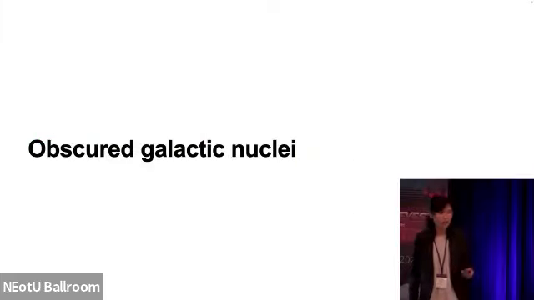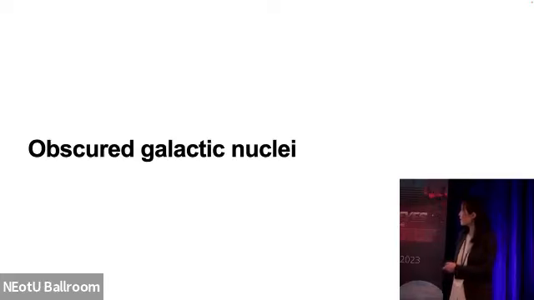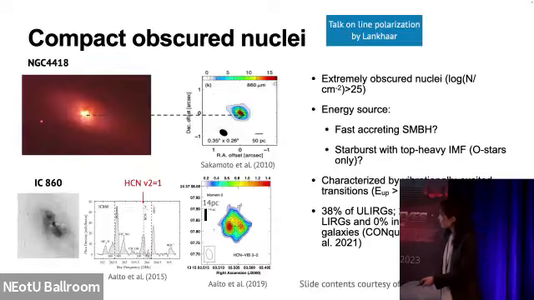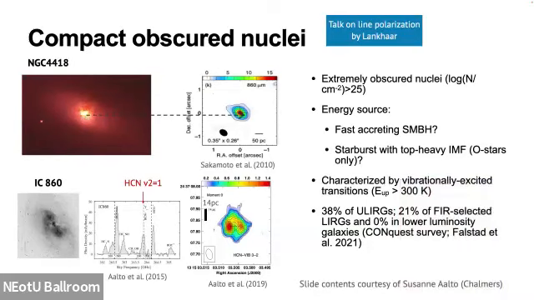Okay, I want to finish off with extremely obscured nuclei. Some contents are from Susanne Aalto from Chalmers. There are extremely compact obscured nuclei. The column density may be 10^25 per square centimeter or so. So it's highly obscured, and it's hard to see what the energy source is.